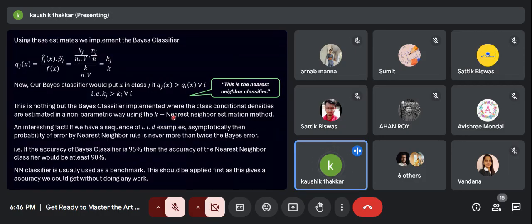So that's a problem again. But yes, on the front of accuracy, its accuracy is good enough, and its error is not more than twice that of the Bayes error. So this can be a first thing to implement.